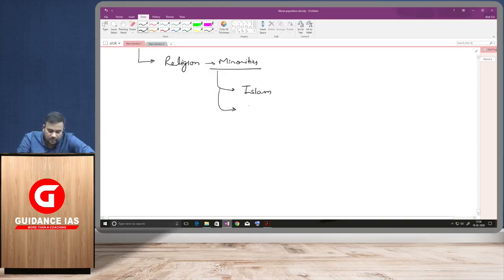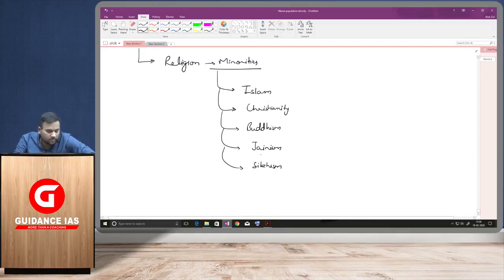Another one is Christianity. Another one is Buddhism. Another one is Jainism. Another one is Sikhism. These are the most important minority religions of India.